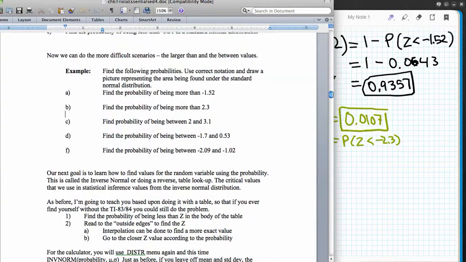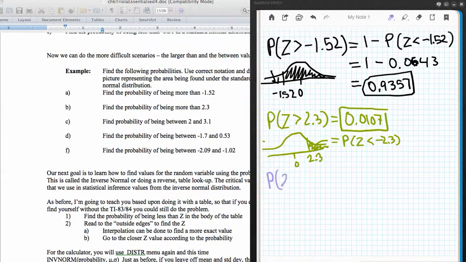My next one, I want the probability of being between two values. Now these can be a little bit tricky. So the small number is 2, less than z, less than my bigger number 3.1. This really helps us if we draw this out on the number line. So I have my 0 here in the middle, and here's my 2, and here's my 3.1.